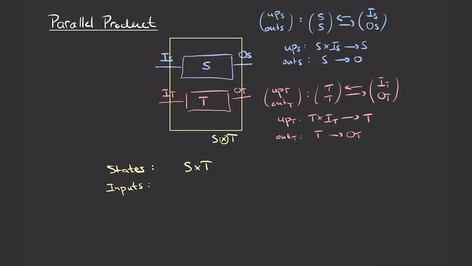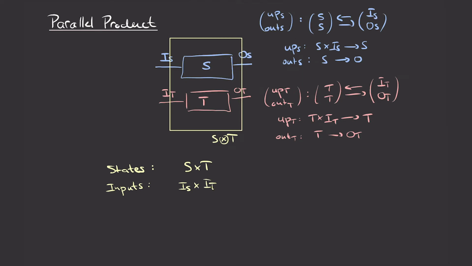So the input from IS is routed to this inner system S, and the input from IT is routed to the inner system T. Therefore, one input of this parallel system, S tensor T, consists of a pair of inputs, one in IS and one in IT. And again, we don't have any restrictions on these pairs of inputs, so the input set to S tensor T will be the entire Cartesian product IS times IT.